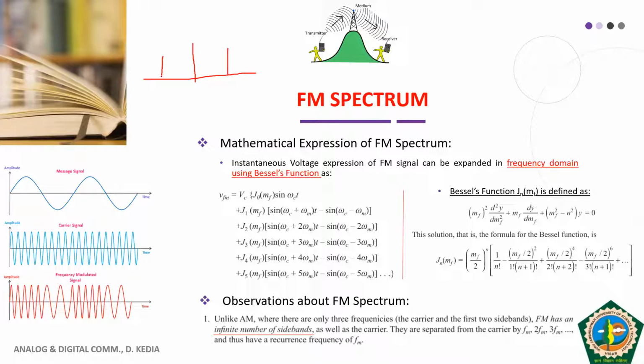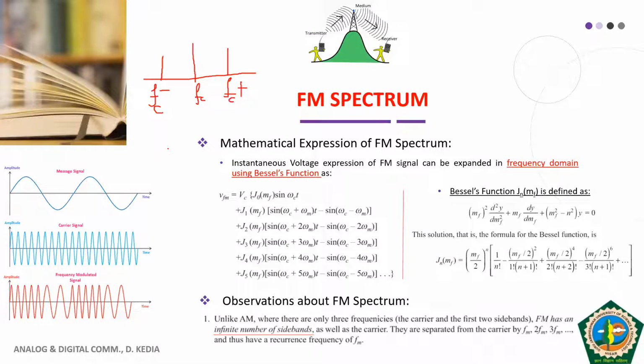One was our carrier frequency, FC. Then we had the upper sideband, FC plus FM, and the lower sideband, FC minus FM. So there were only 3 frequencies present in case of double sideband full carrier amplitude modulation. Whereas in case of FM, things are not that simple.